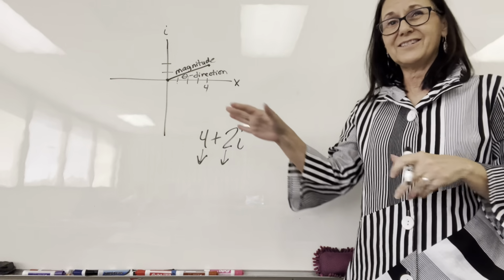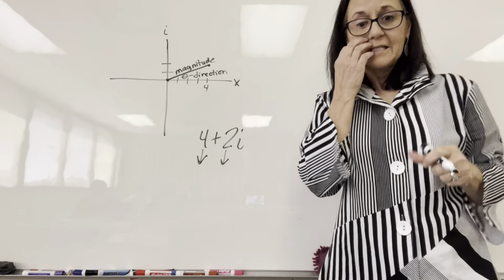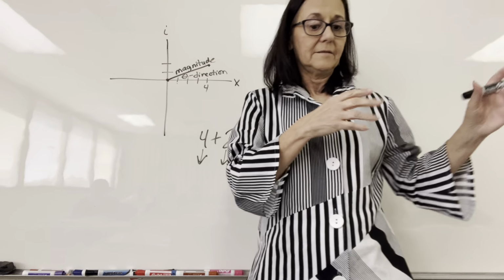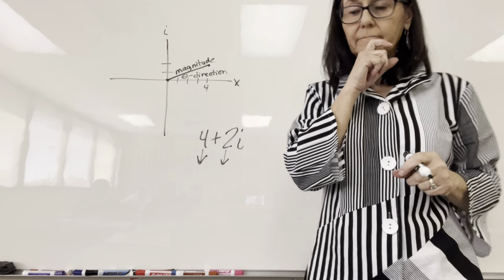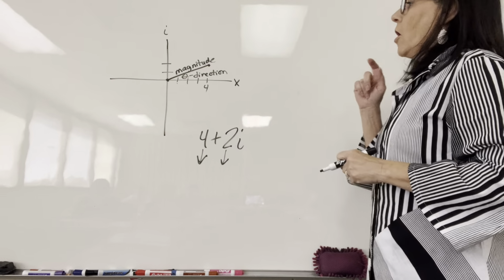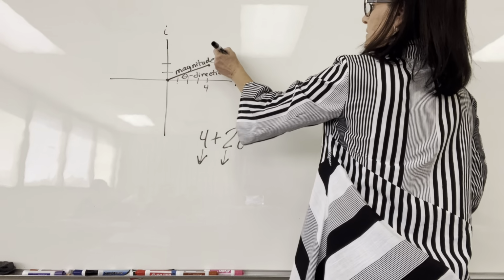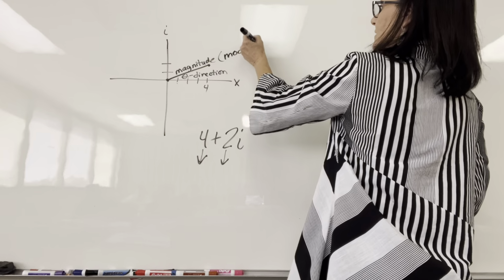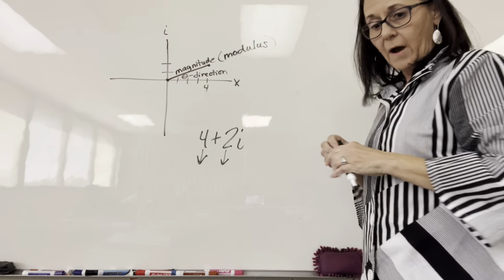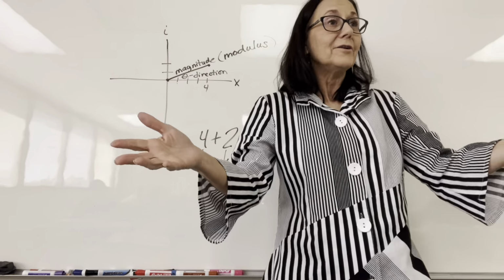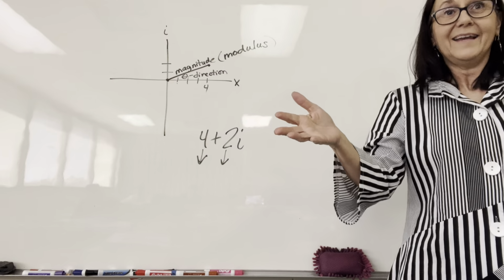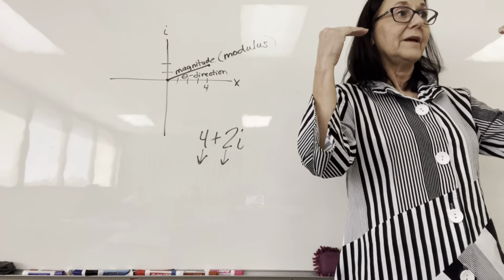So this is a tie-in to physics, really. This is the math of physics. We're also going to call this the modulus. This is just a new term. The modulus is really the hypotenuse of a right triangle, so think Pythagorean theorem.